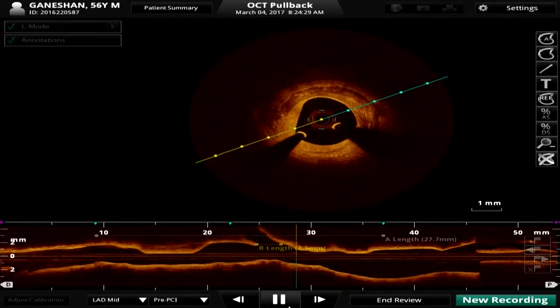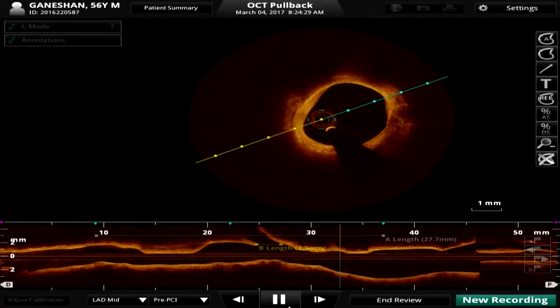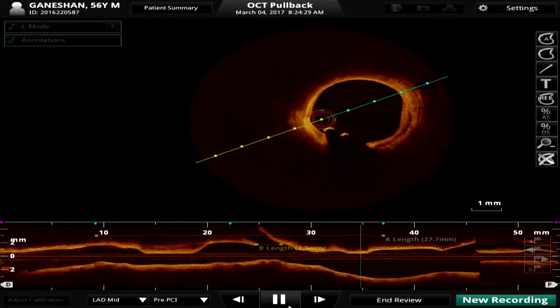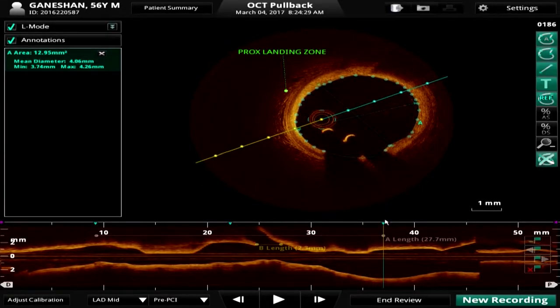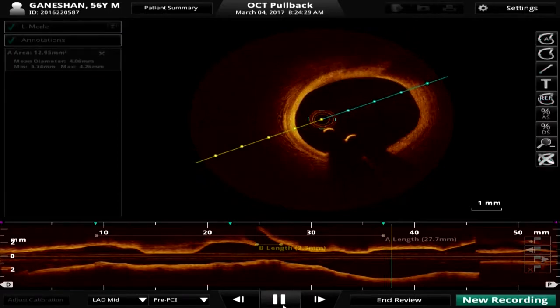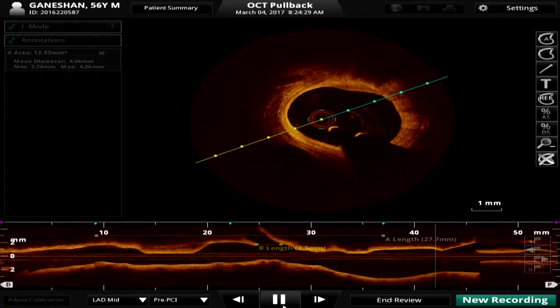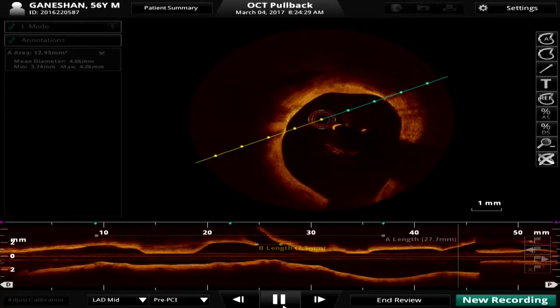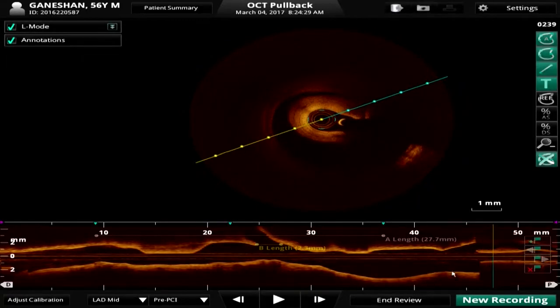Now there's a lot of calcium proximally, a huge amount of almost circumferential calcium. Then as we move to the proximal LAD, it appears more of a healthy vessel. Keep moving more proximally, and as we come to the ostium, there is some minimal disease there, and this is the left main. Left main is short and appears normal.